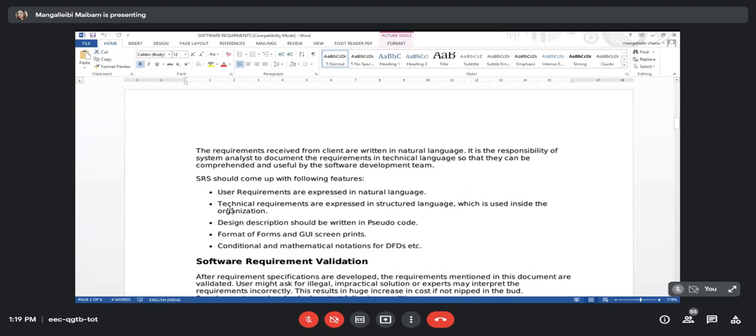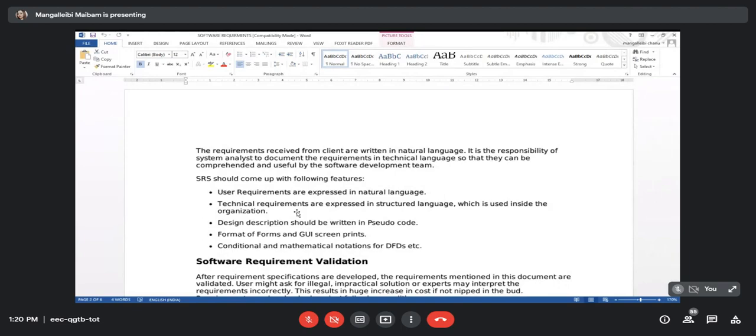This is inside the organization. Certain organizations have certain protocols, like they can use some kind of language, or some kind of graphical representation to explain the technical requirements. Certain organizations have different ways of expressing their technical requirements, so they can use any structured language to explain them.